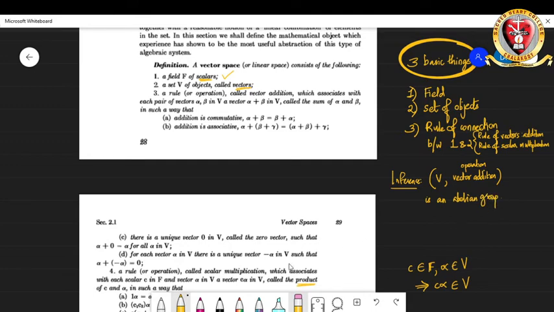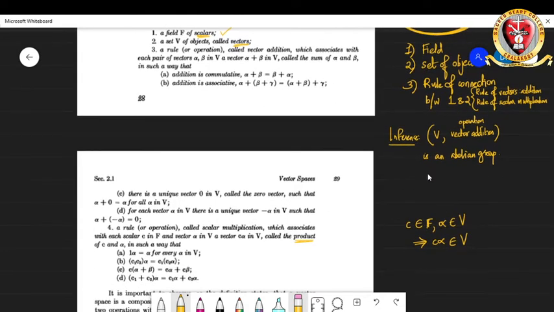So this is an inference, right? And then we have obviously another thing associated with this, that is F, right?